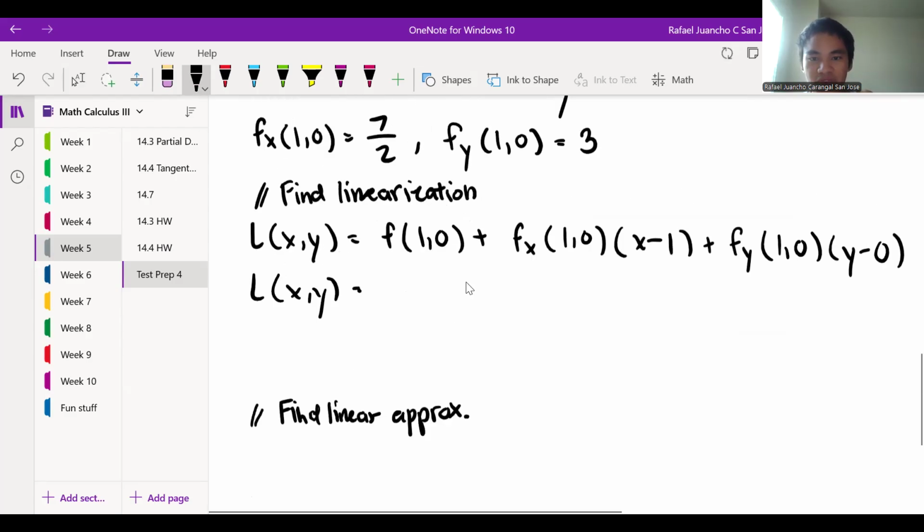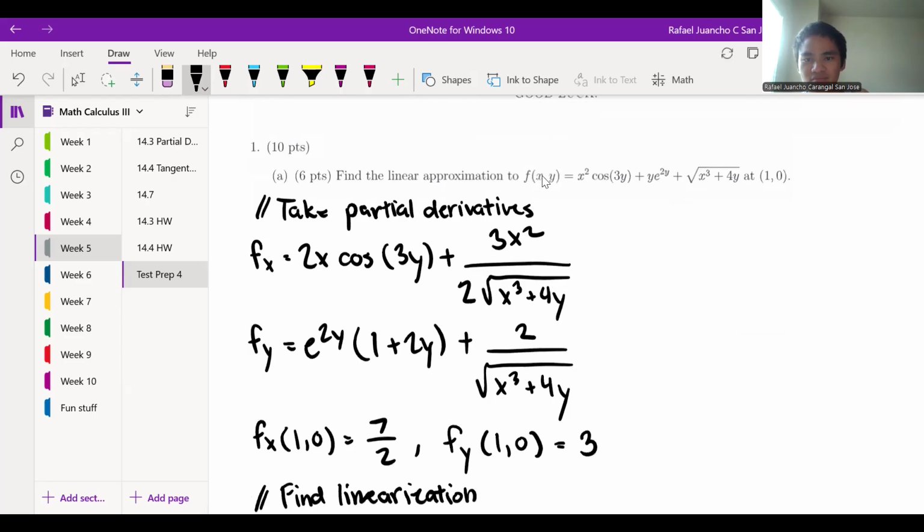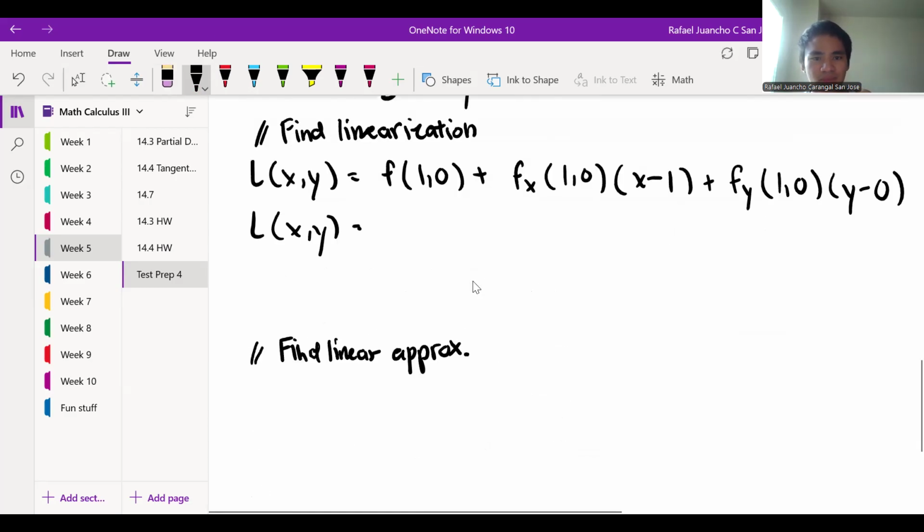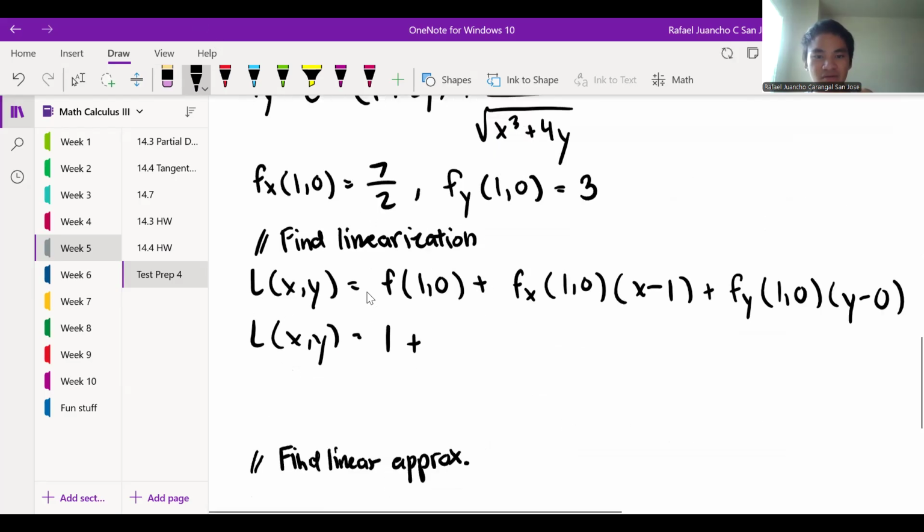F of 1, 0 is this. So I just do 1 squared cosine 0, 1. Done. Or cosine, am I right? Yeah, just 1 plus my f sub x is 7 over 2 plus 3 plus 3y. Done.